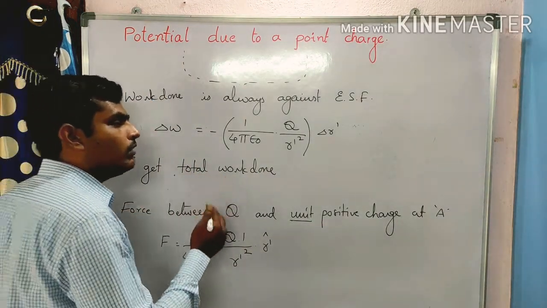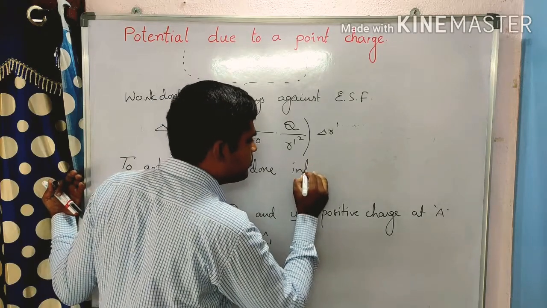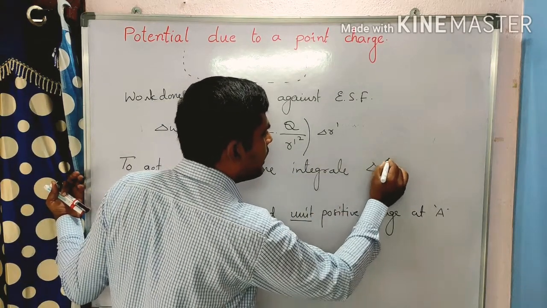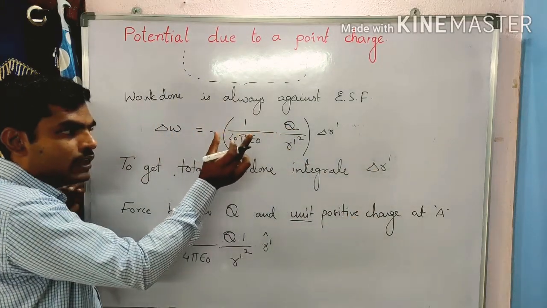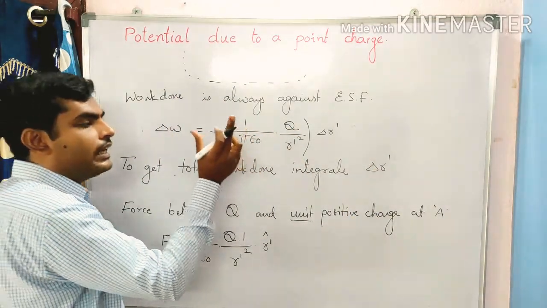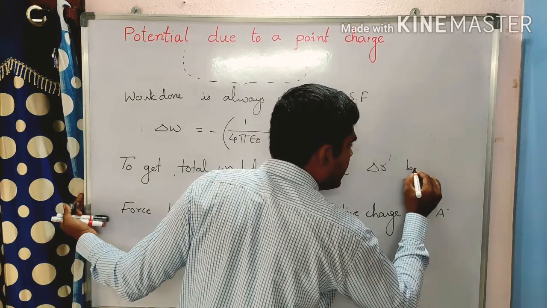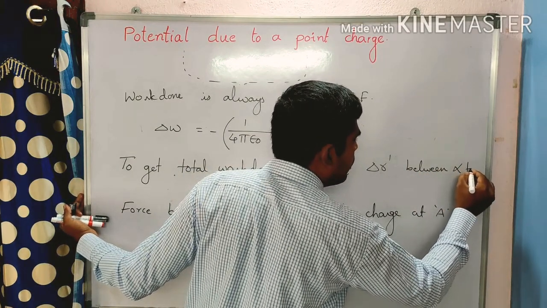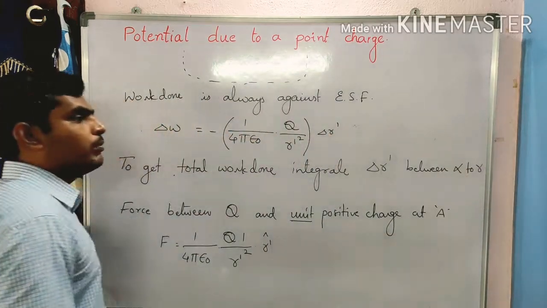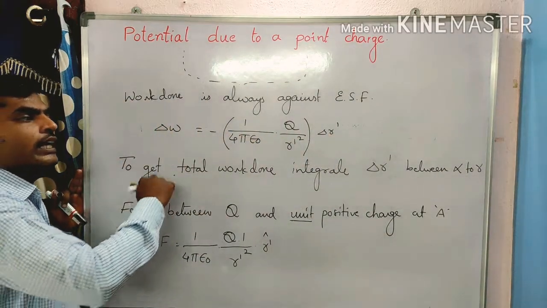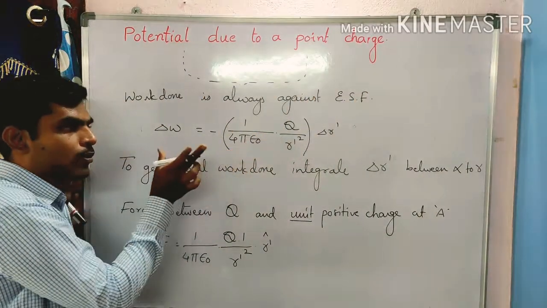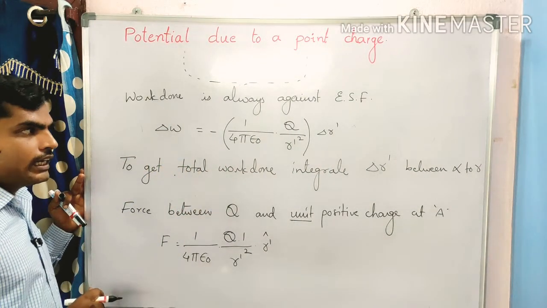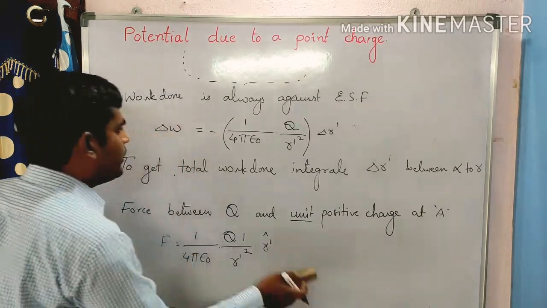So to get the total work done, integrate over delta R dash, the small distance we have taken, between infinity and R. Infinity and R are the limits we have taken. So let us integrate between infinity and R.